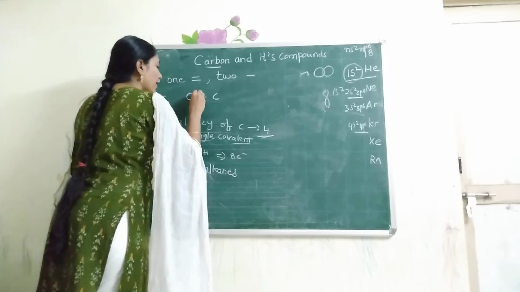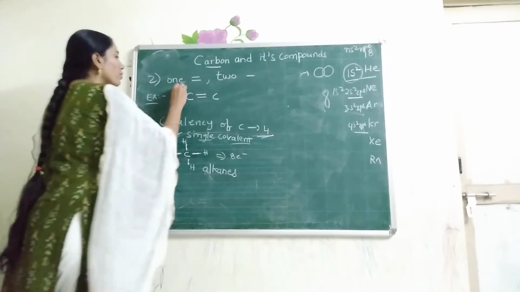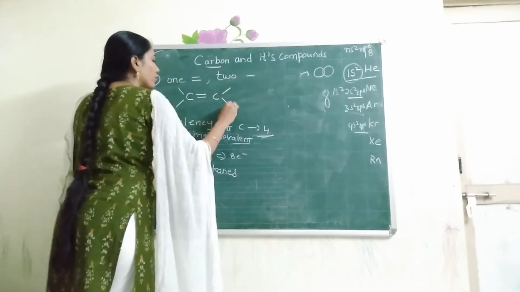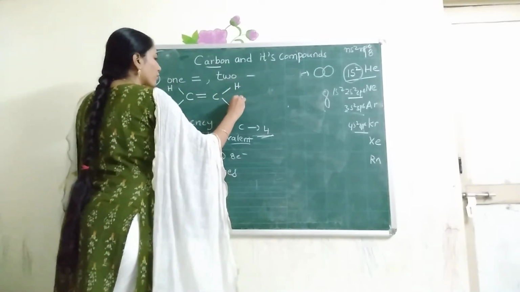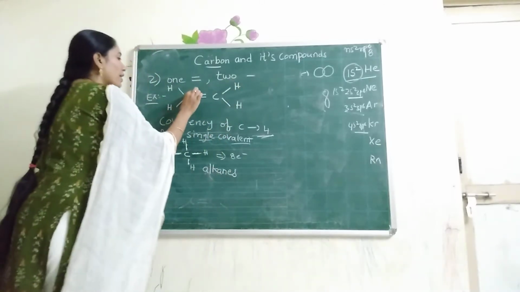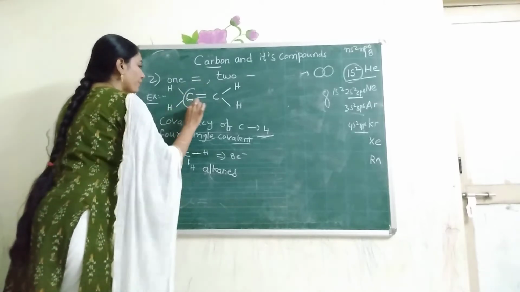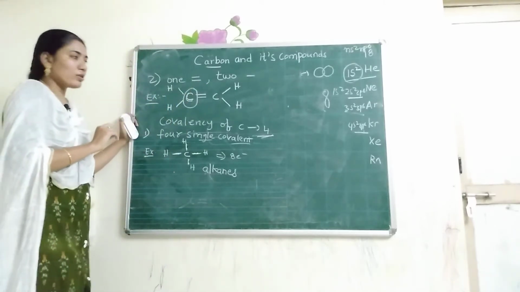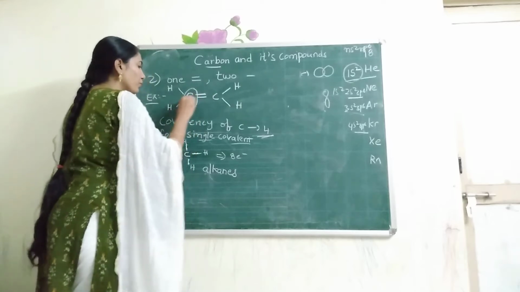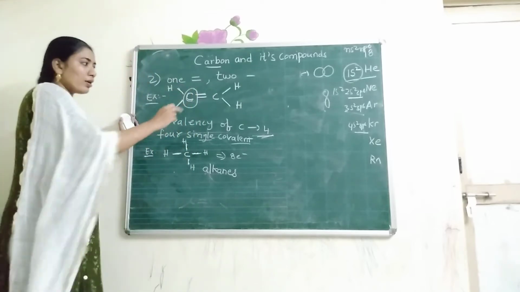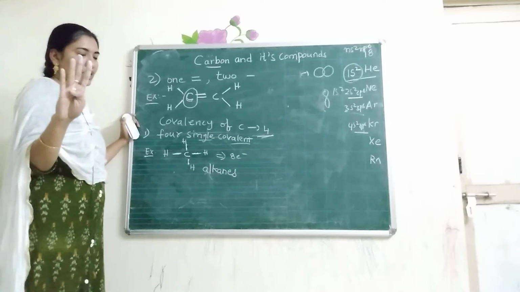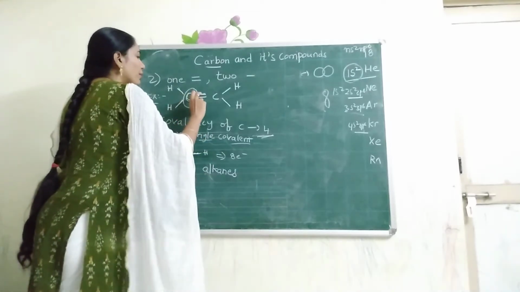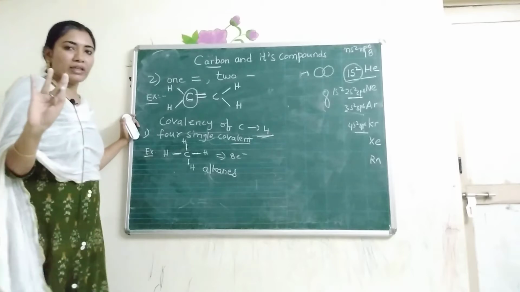Here I am placing the double bond. Here I am placing hydrogen, hydrogen and hydrogen. Let us consider this carbon. How many bonds are there here? 1, 2, 3, 4. Here the carbon forms 4 covalent bonds, isn't it?